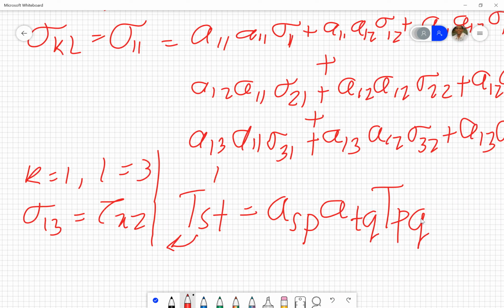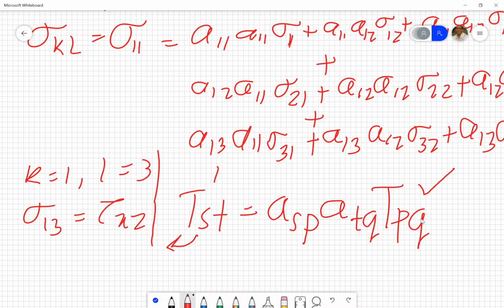Is it understandable for you? Is it okay or not? So T PQ are the components in the original unprimed axes.